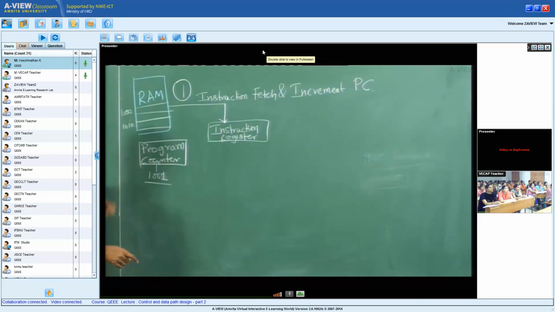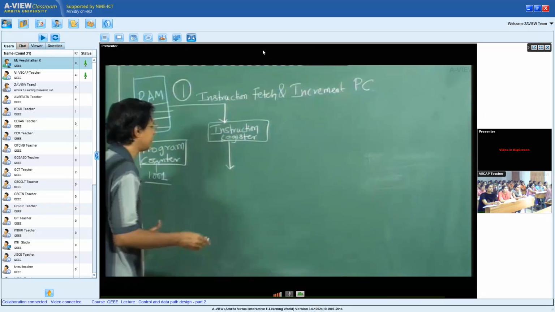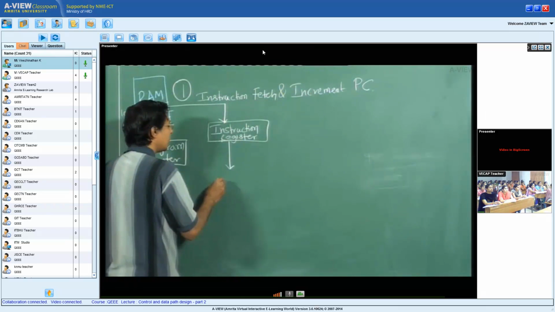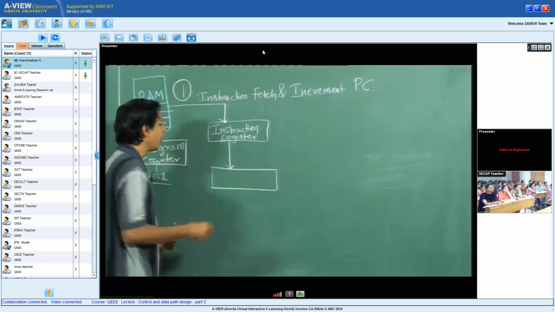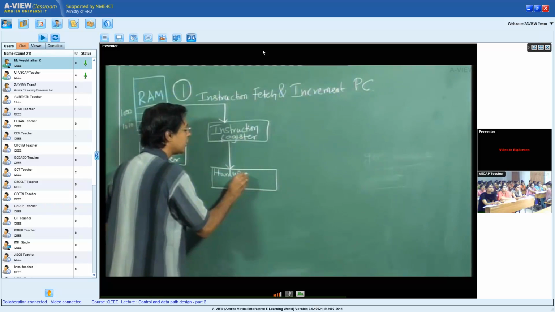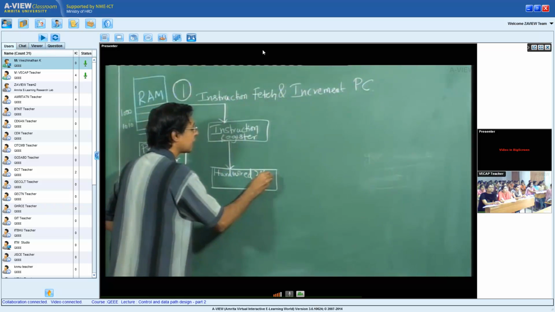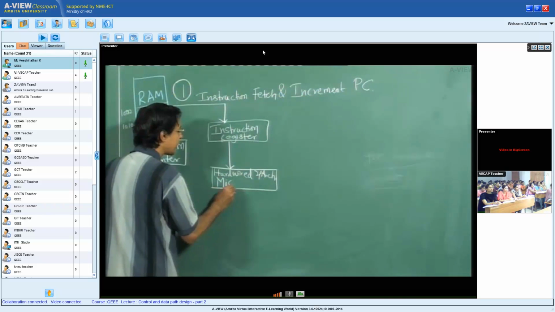After this happens, your instruction gets decoded. So you have a circuit, if you are doing hardwired microarchitecture, or you could have a micro-programmed architecture.